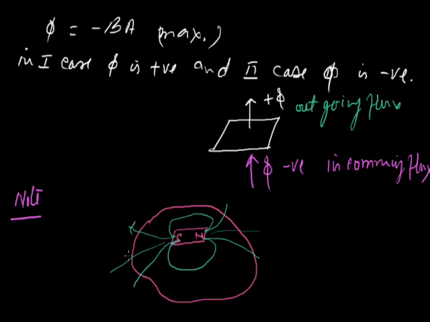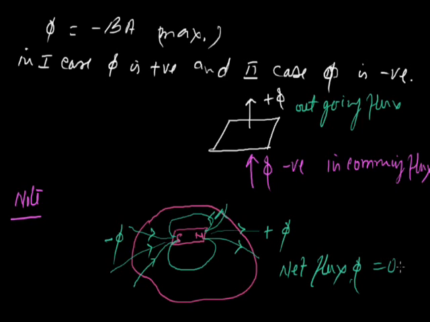These are the magnetic lines of force. It is known as plus phi and it is known as minus phi. Here the net flux phi will be 0. Suppose many magnets are placed in a closed surface, then the net flux through that surface will be 0.